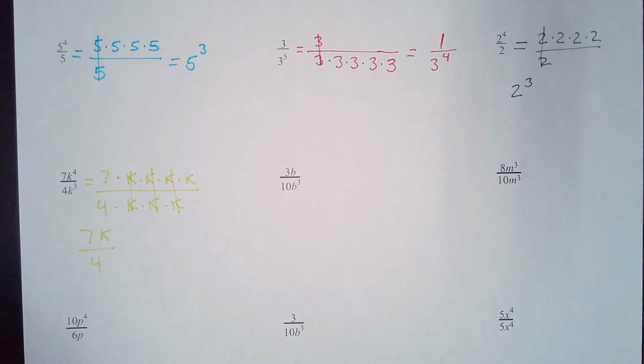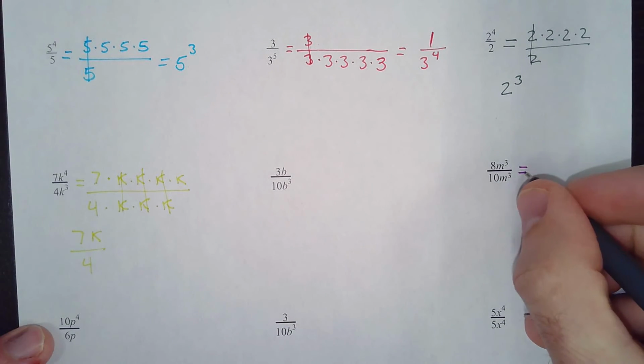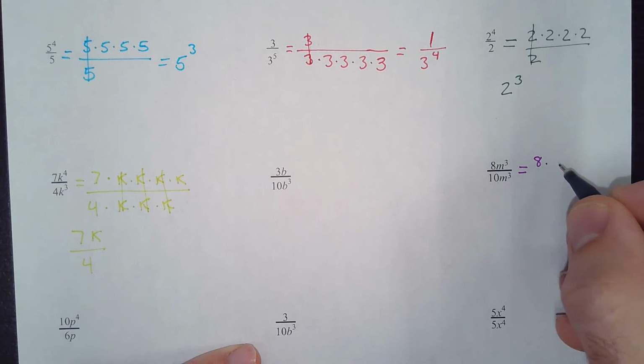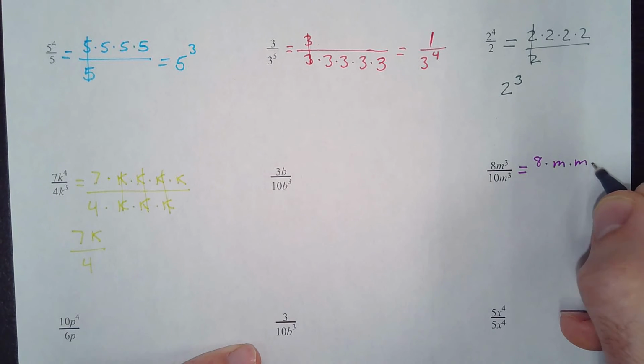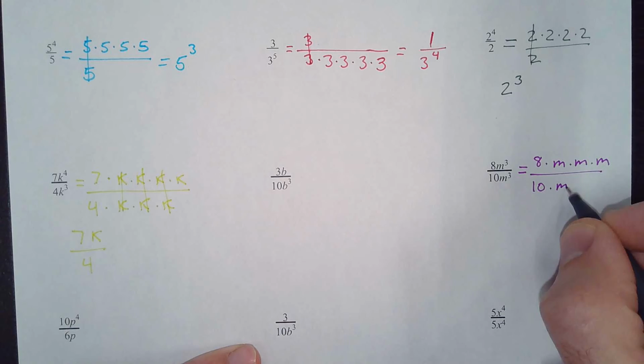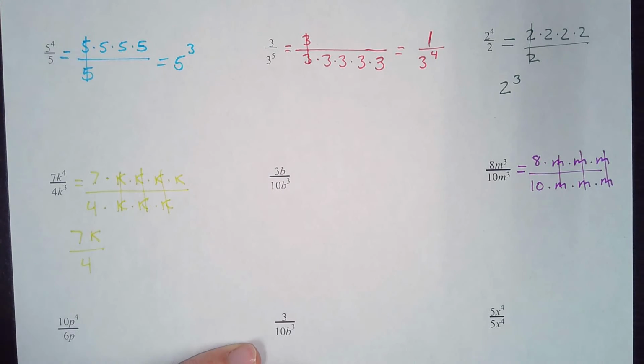All right, let's try a couple more. I want to skip over to this one. So this is equal to 8 times m times m times m divided by 10 times m times m times m. So first of all, let's cancel all these m's out, and we're left with just 8 over 10. Now let's think about 8 over 10 in a different way.